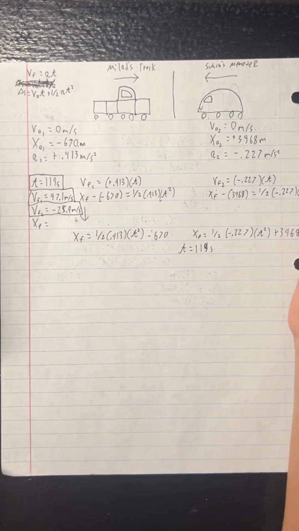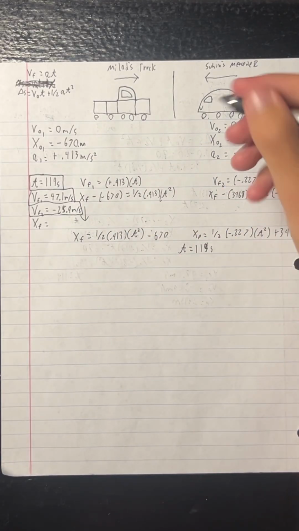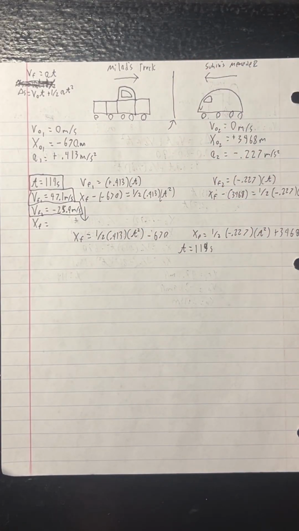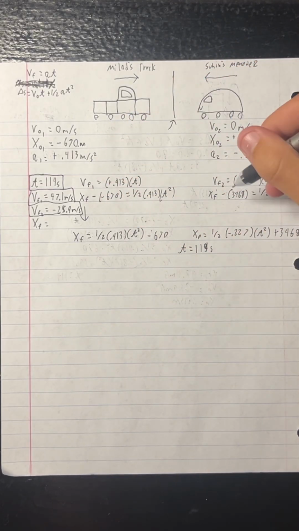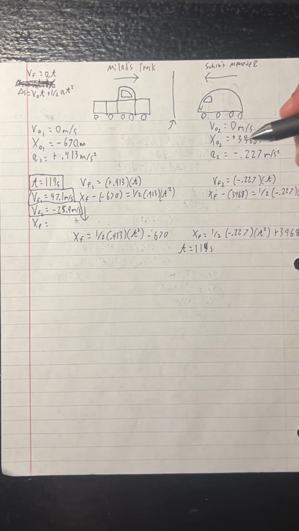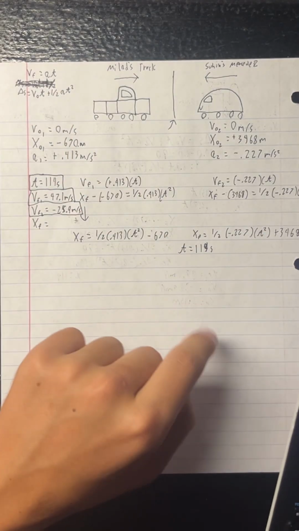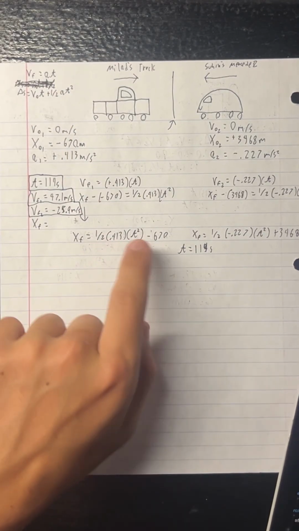And then to find our final location at where this crash occurred, and Suhin's car got obliterated because Milad's truck is crazy, we do XF, and we can just plug back in the time to any of the equations. So let's do this equation.